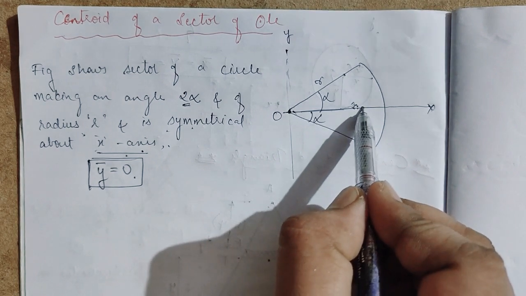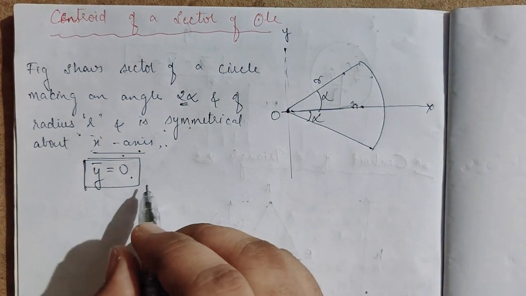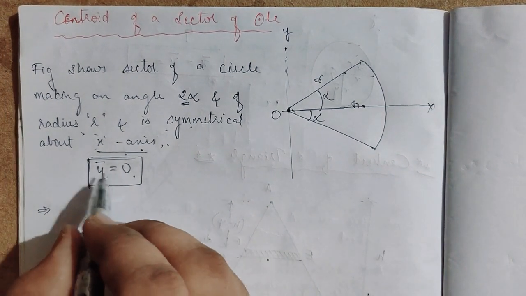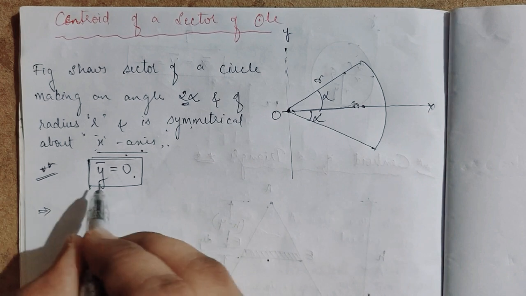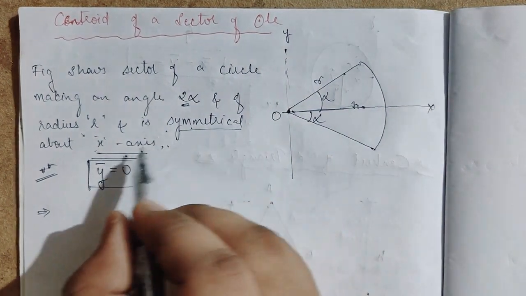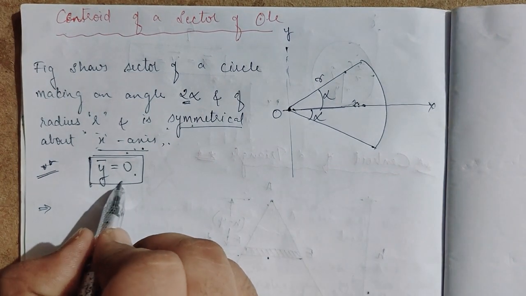If the centroid is here, the y bar will be 0. Just consider this. The key point is that we have taken the sector of a circle symmetrical about the x-axis, so that y bar is 0.